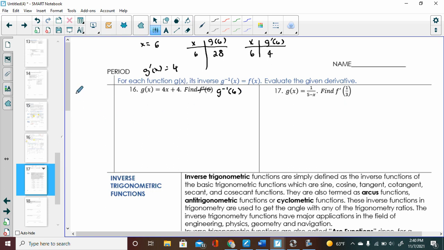Makes my life easier. So the inverse of 6 equals 1 over g prime of, make it as a composition of the inverse. All right. So let's erase that little x and put a little 6 in there.